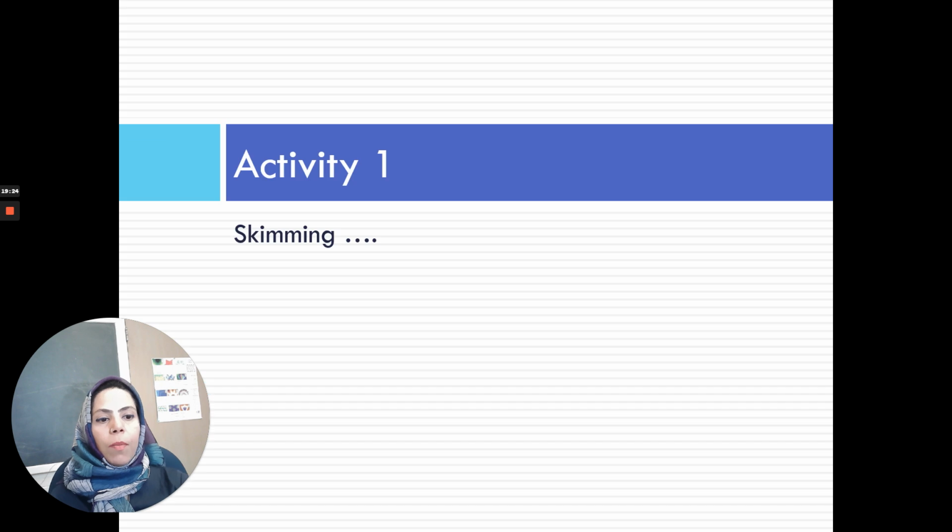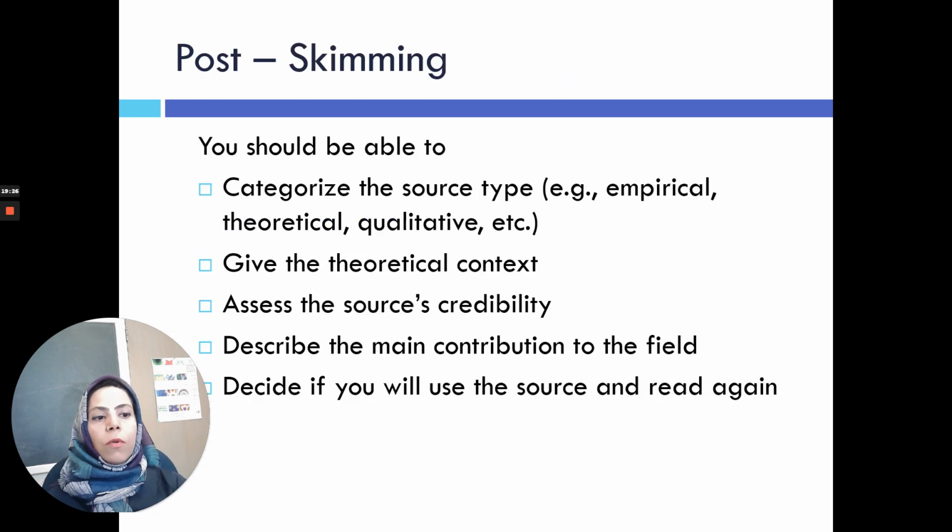And of course you should be able to decide if you will be able to use this article again, या वो आपके अगले round में जाएगा या नहीं जाएगा. So after skimming, अगर वो relevant है तो you should be making a repository where you should be putting that article so that you can go and reread again if you decide to.